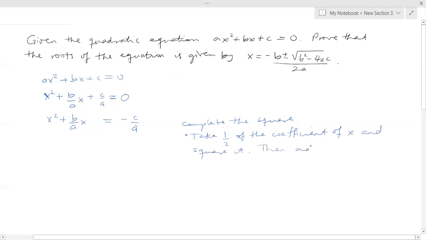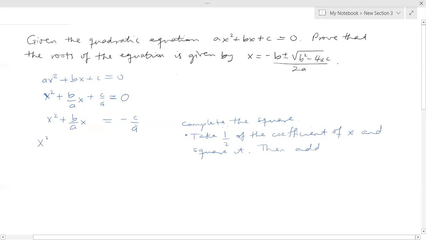Then add. All right, so let's do that. So I take 1/2 the coefficient of the x, which is b over a. 1/2 of that will be b over 2a.